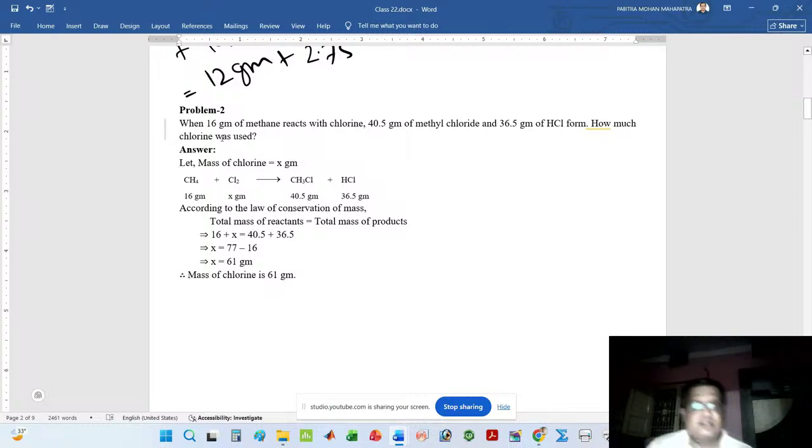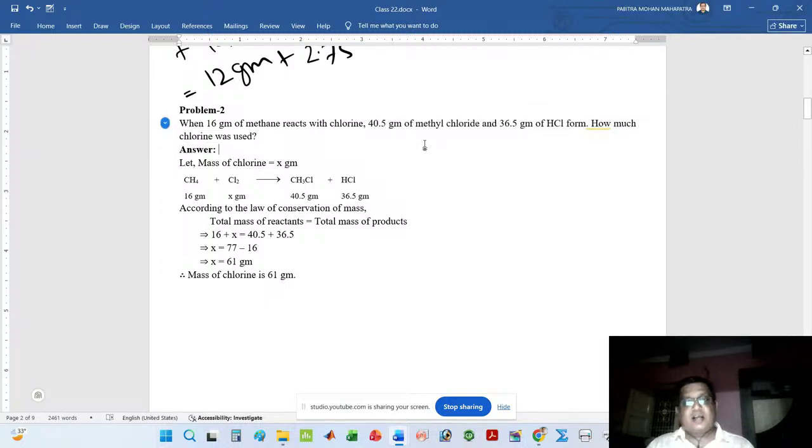Look at that. Here methane reacts with chlorine. When 16 gram of methane reacts with chlorine, that means the reactants are methane and chlorine. Then 40.5 gram of methyl chloride, this is the product, and 36.5 gram of HCl form.